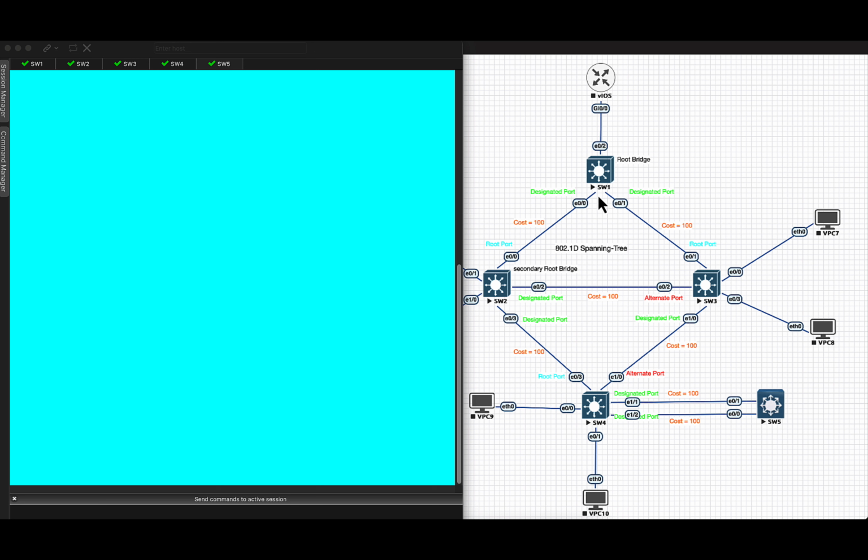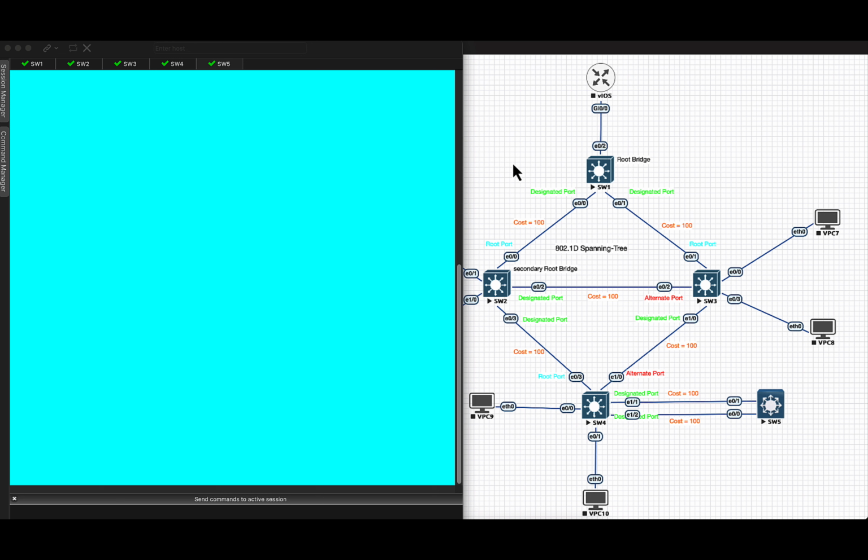So what you're looking at here is a lab that by default has Spanning Tree 802.1D, Cisco version of it. It's running, and this is showing the default of all the root port and the port roles of each interface.